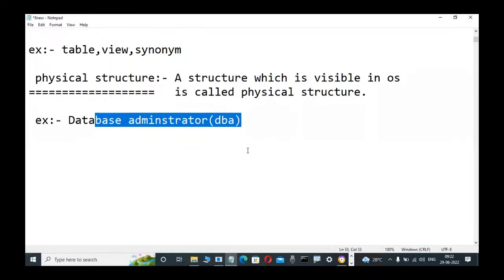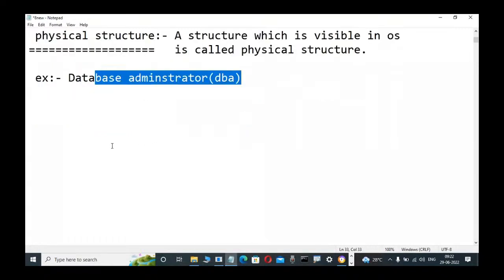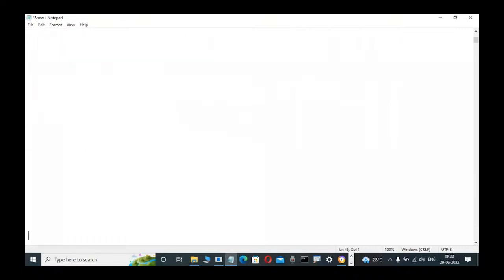But unfortunately, why am I telling you this as a first-time newcomer? Physical structure and logical structure, there is a reason. Suppose I am learning a course, for example, slowly observe here, the database definition is very important. So without confusing, I will tell you. Now I am learning the Oracle DBA course, database administrator course.